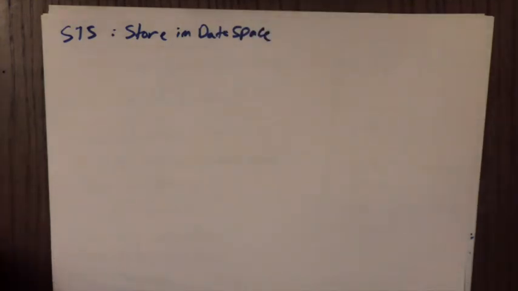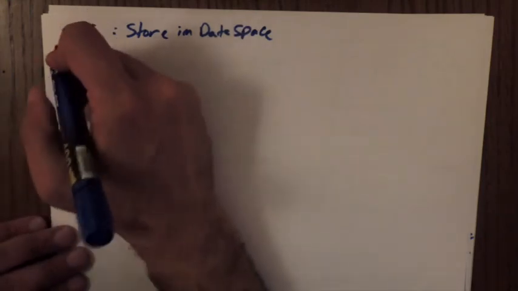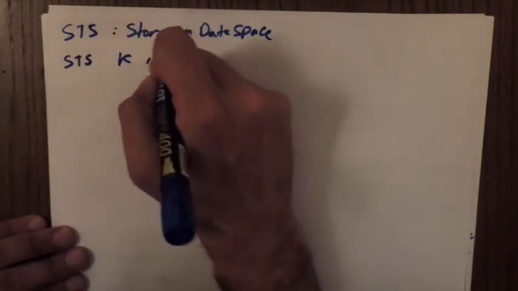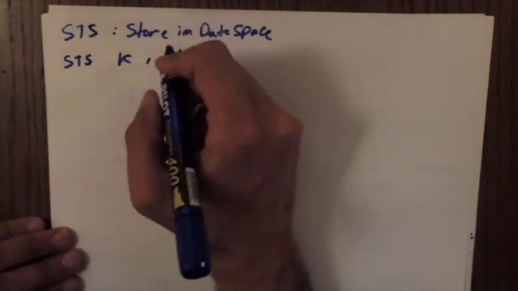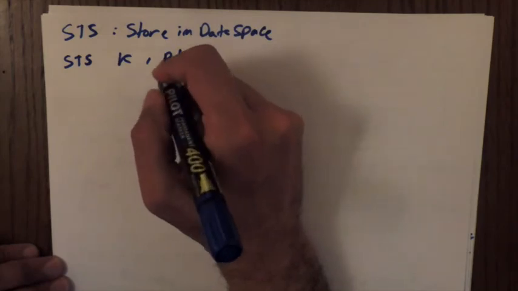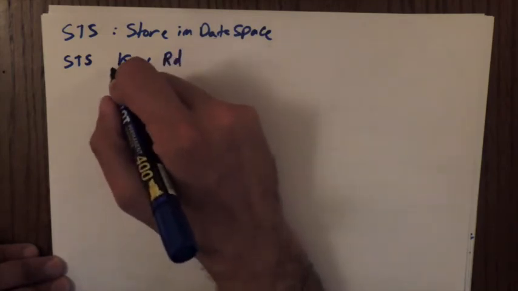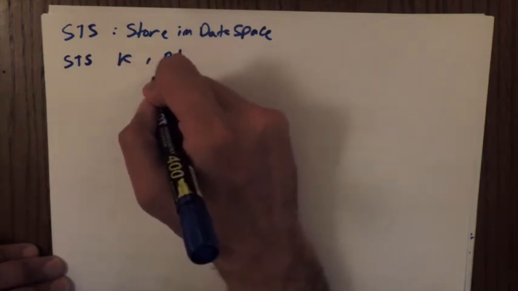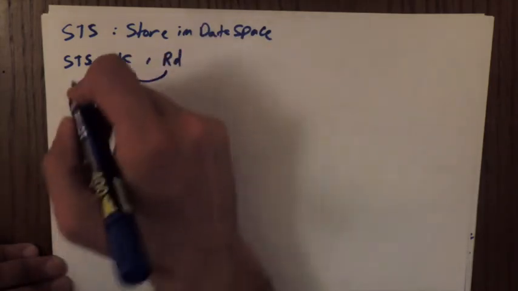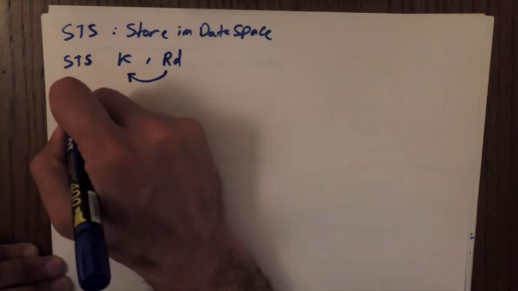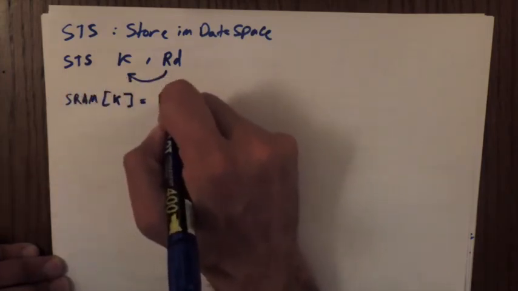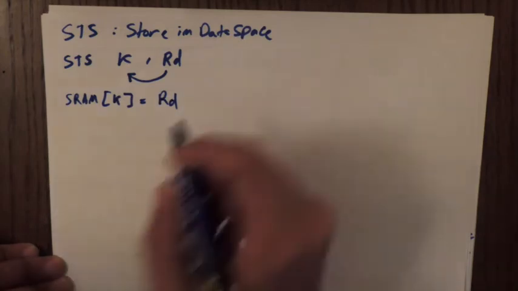The way it works is as follows: STS K, RD. We notice here that a very nice feature of AVR instructions is that the destination is always on the left. So what's in RD will go into K. In other words, SRAM of K will be equal to the register RD.